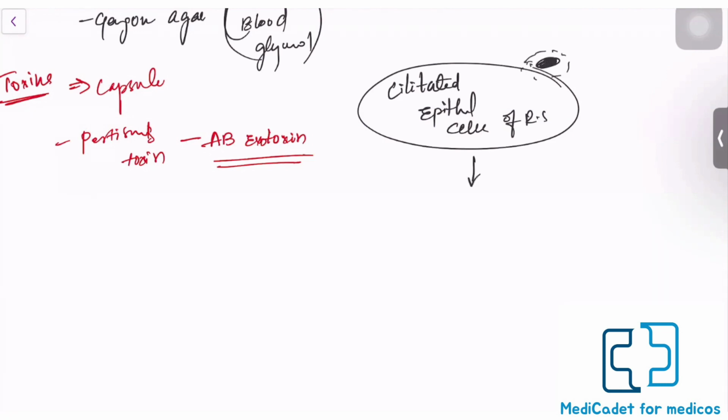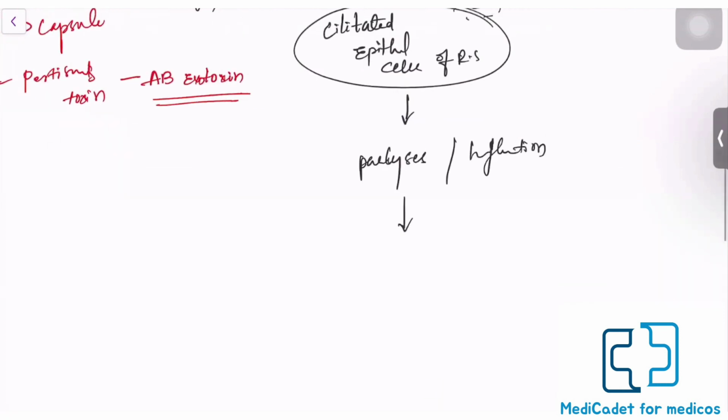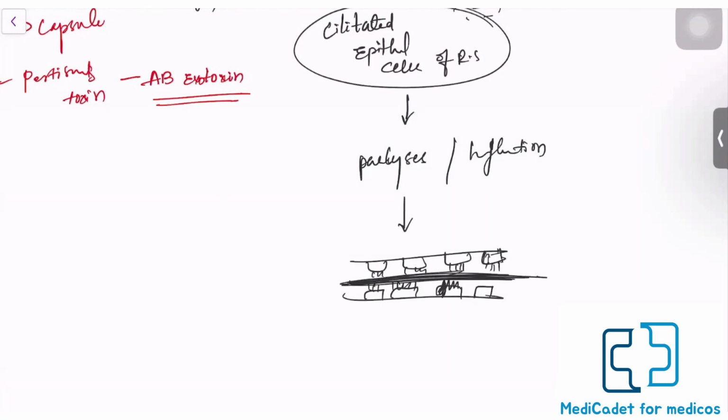It paralyzes the cilia so that they cannot move, and also causes inflammation. So it paralyzes the cilia so that they cannot move, and also causes secretions to accumulate over here, which will block small airways.